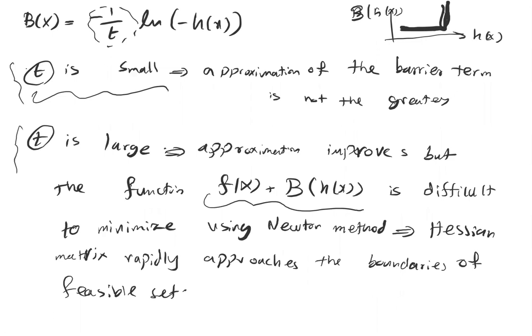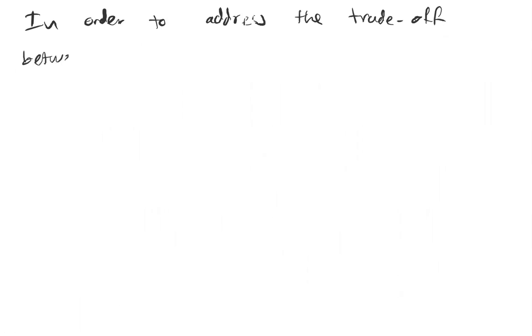So what we do, we use an iterative process in order to address the trade-off between large and small values of t.